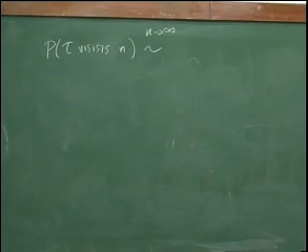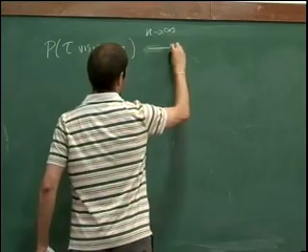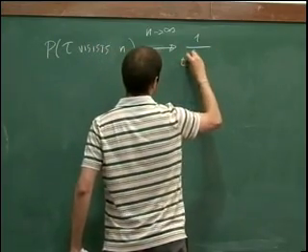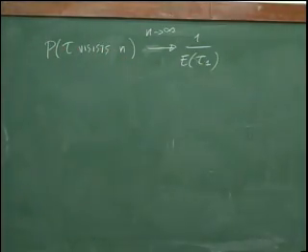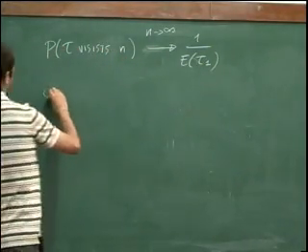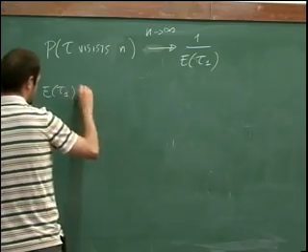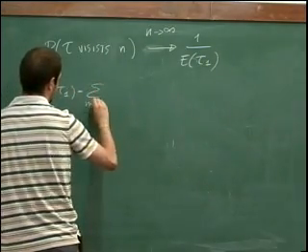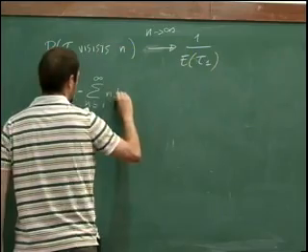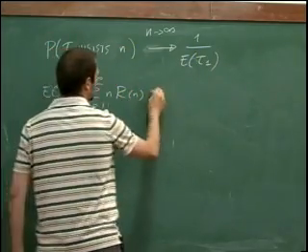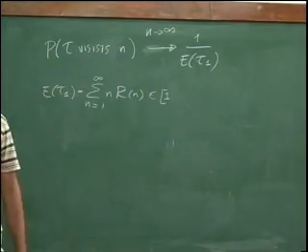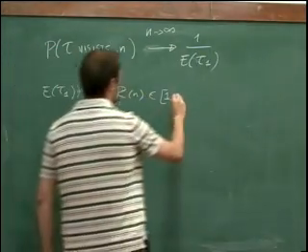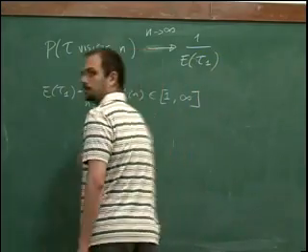And it says that with no other assumption, this sequence converges to 1 over the expectation of tau 1, where the expectation of tau 1 is just the sum for n equal 1 to infinity of n R of n. And this, of course, is at least 1, because we are making steps of at least size 1. And it could also be infinite.